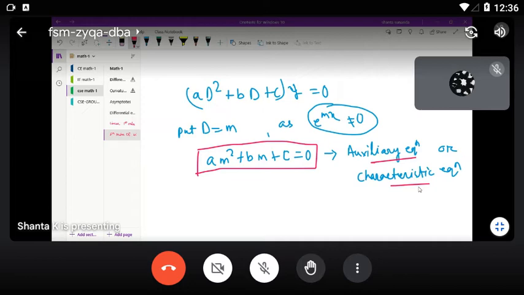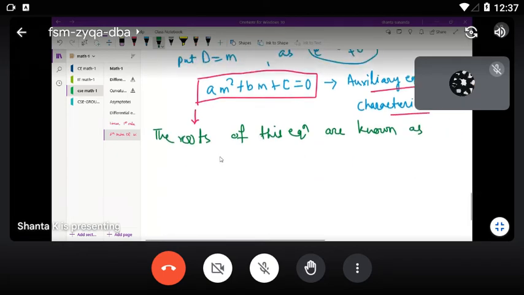So the roots of this equation are known as characteristic roots.